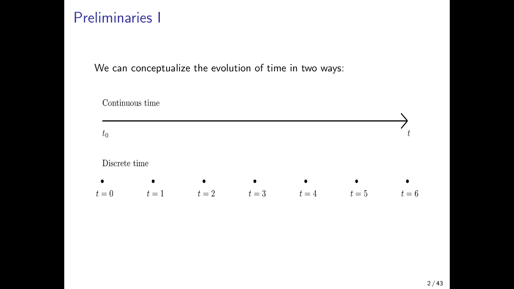So a priori, it's often not really clear whether we should use continuous time or discrete time frameworks, and it very much depends on the judgment of the researcher who analyzes a certain problem, which method he might find more appropriate in this particular context.